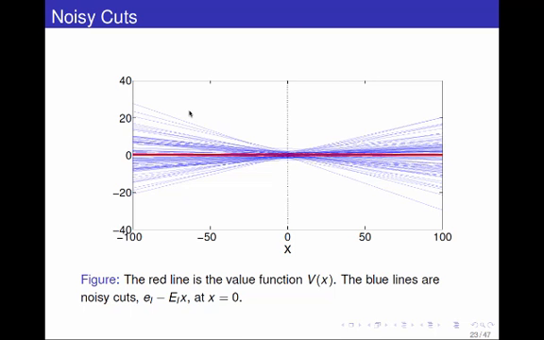So, for example, this cut here is really off. Can happen. With the algorithm I propose to you, you're going to keep that cut. So for this part, the region over here, you're overestimating the true V of x. And that's not going to go away.